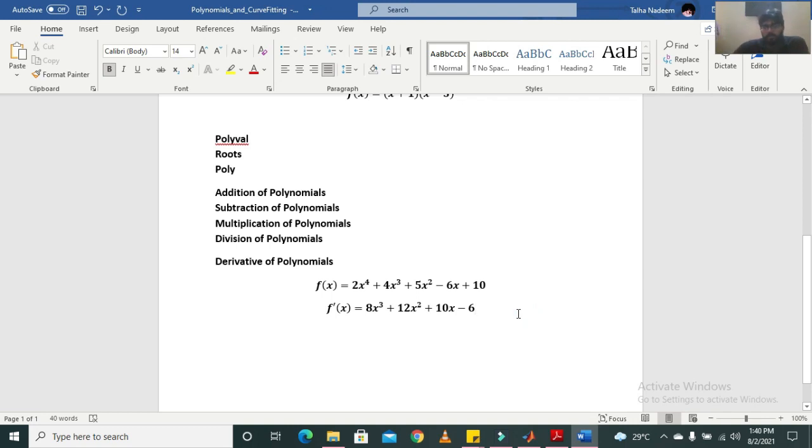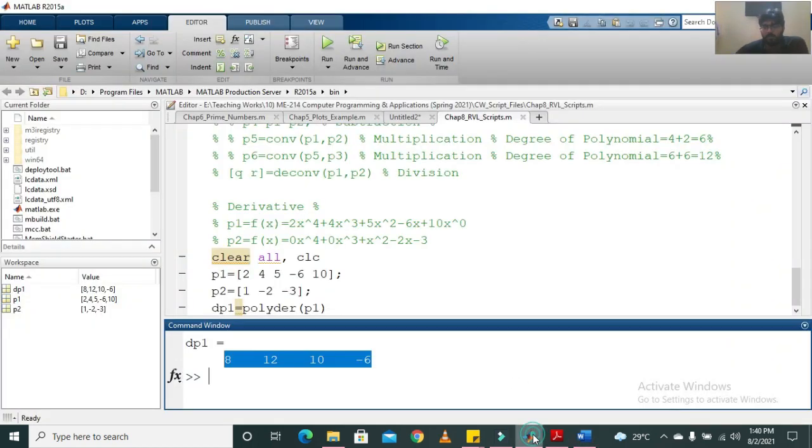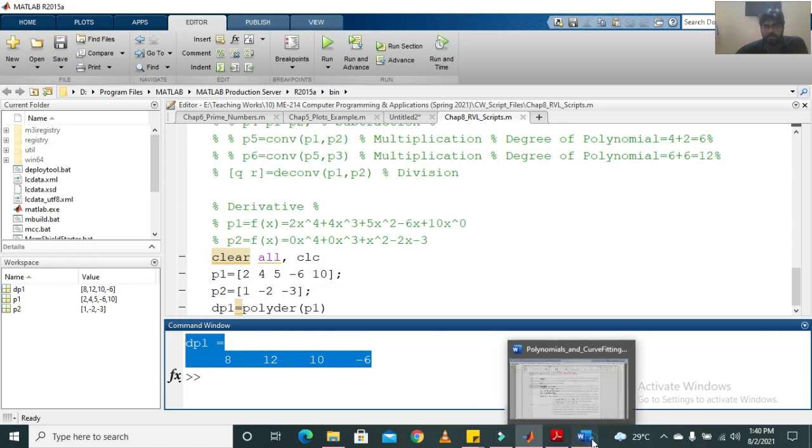So again, here you can see that this is the same result which I am getting by using the polyder command.